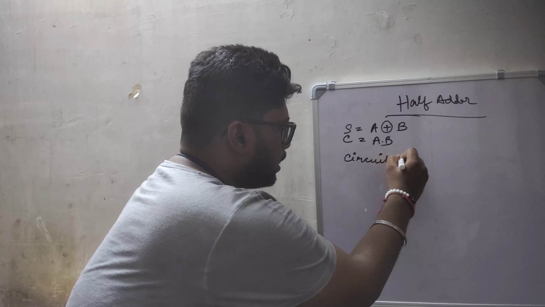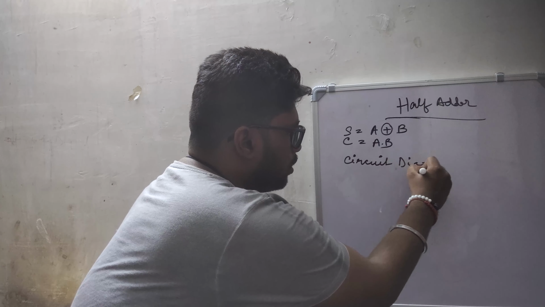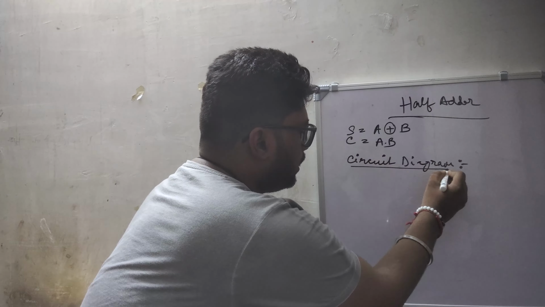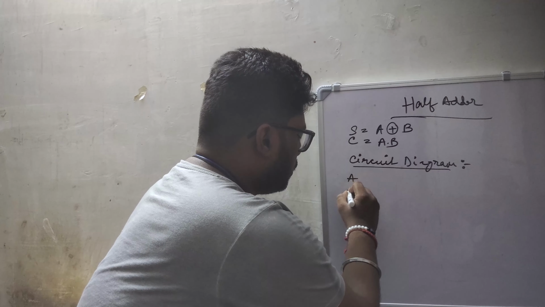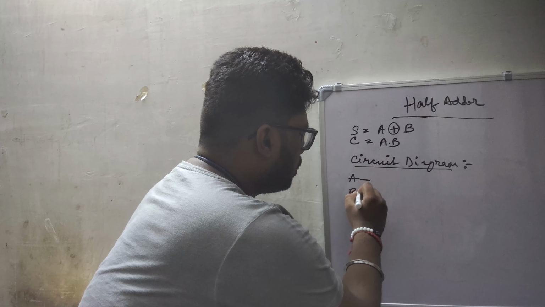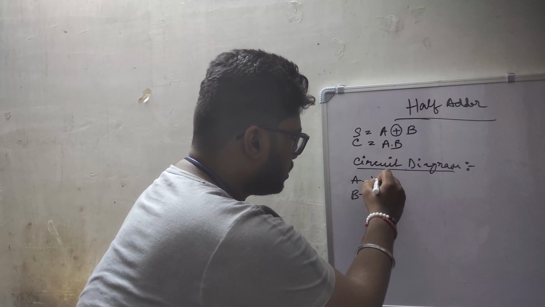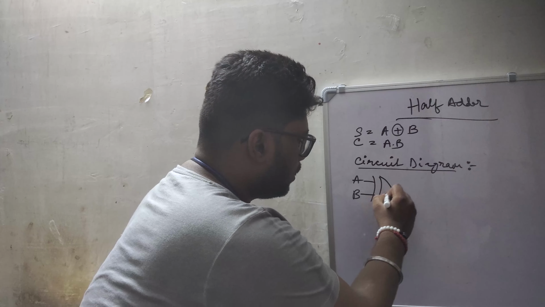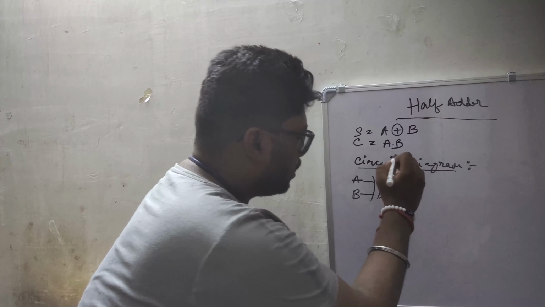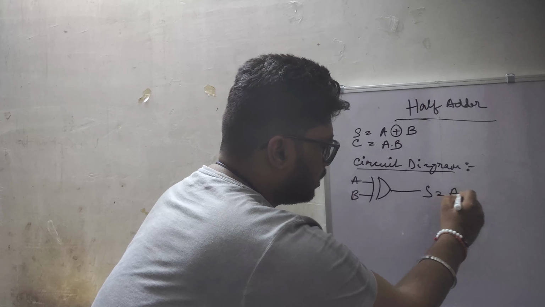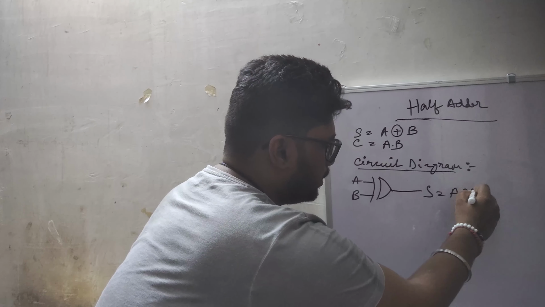We will take two inputs A and B, and we are going to pass them through a XOR gate. The XOR gate looks like this. We discussed it previously in our videos. It looks like this, and this will give us the sum, which is A XOR B.